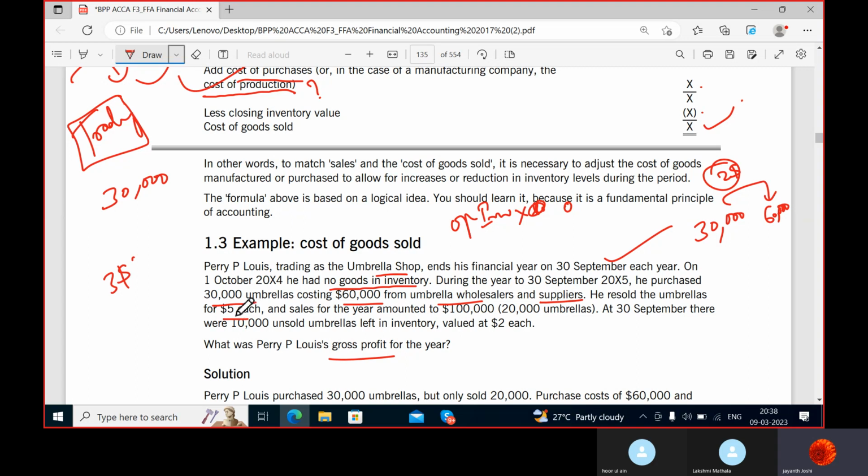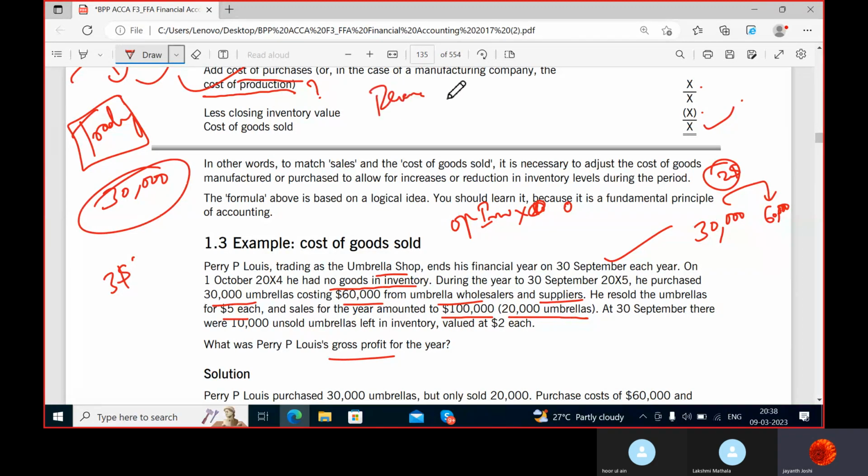The sales for the year amounted to $100,000. I shall find out the revenue for 20,000 umbrellas. Am I right? Because that much has been sold. So I shall take cost for 20,000 umbrellas or 30,000 umbrellas? Definitely 20,000 umbrellas.